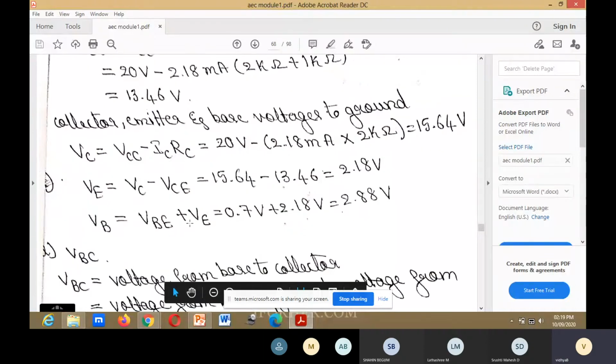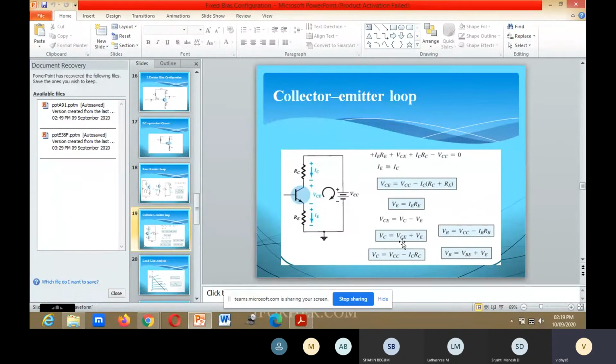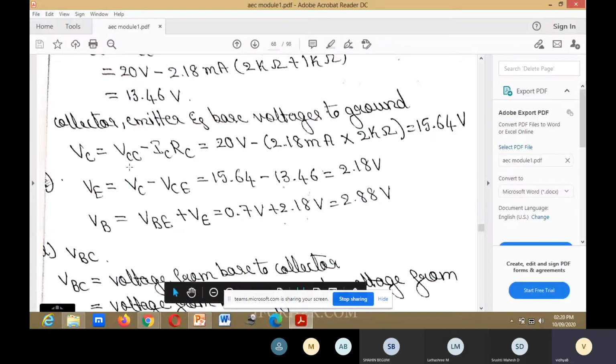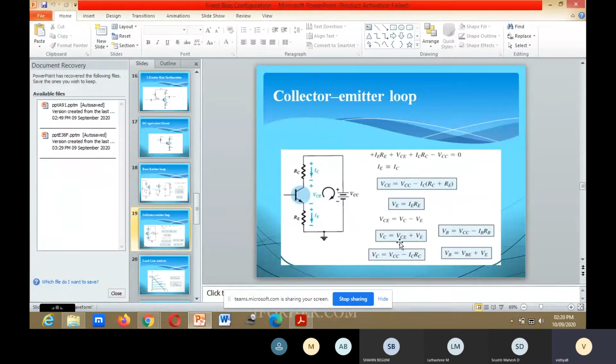VB is equal to VBE plus VE. Here, this is the equation: VC is equal to VCE plus VE. From this, we have found out VC using this equation. We can use that equation also, but we should know the VCE and VE also. So instead of this equation, we have used this equation.